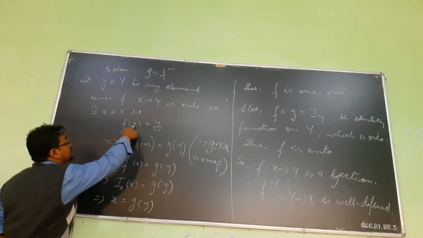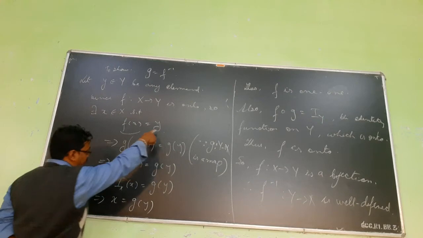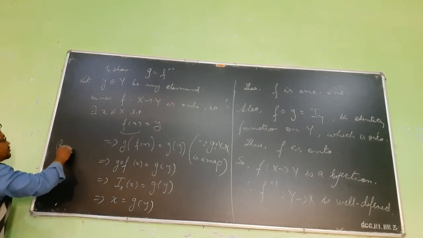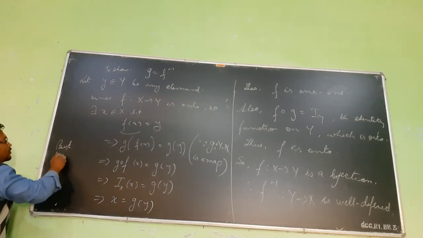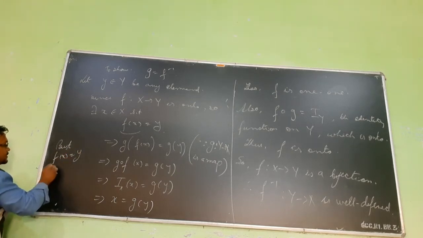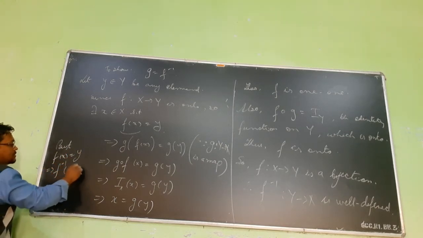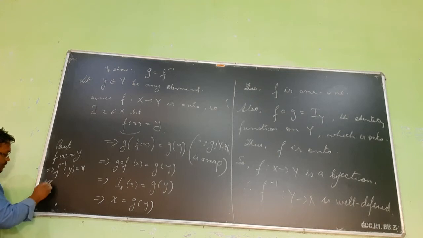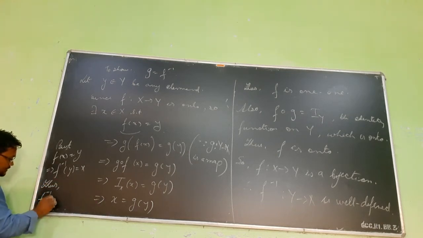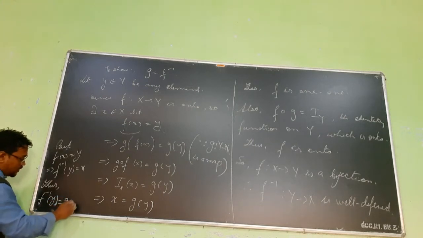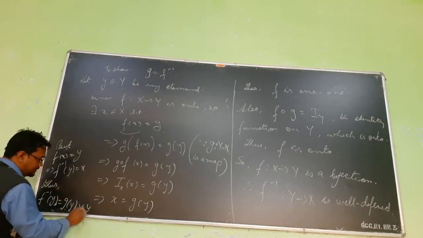But what is x? f(x) equal to y, but f(x) equal to y implies x is f inverse of y. So thus what do I get? I get that f inverse y is same as g of y for all y inside Y.